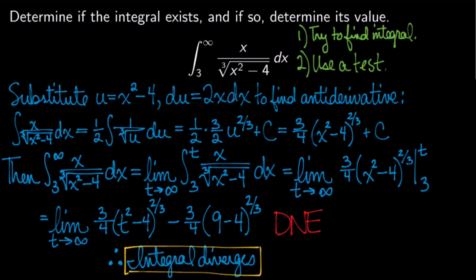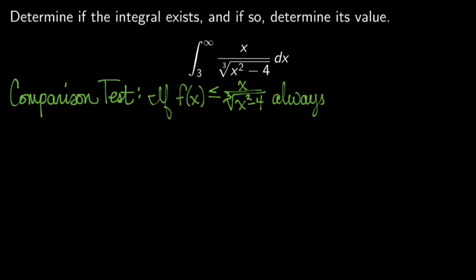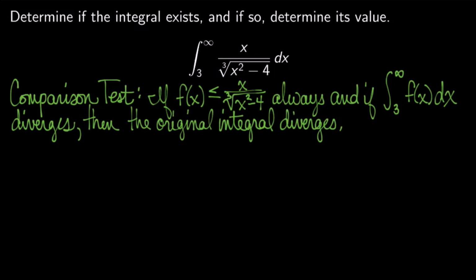So there's your answer. Okay, so could we have done a test? Could we have done the comparison test to find that answer? Absolutely, and here is how it works. If I can think of some function f, where that f is less than or equal to my integrand at all times, and if the improper integral of the smaller f function diverges, then the original integral diverges, okay?